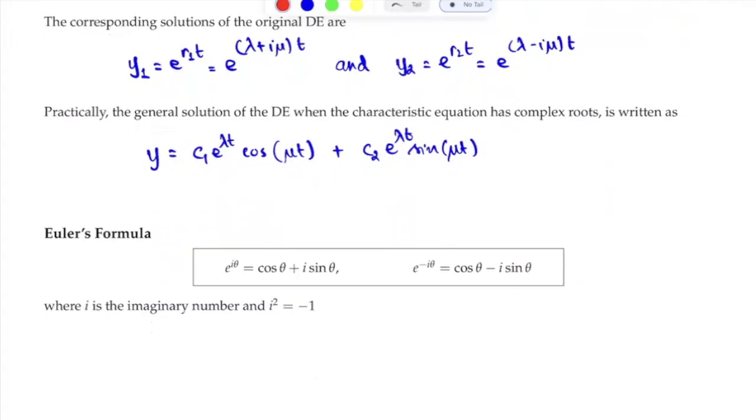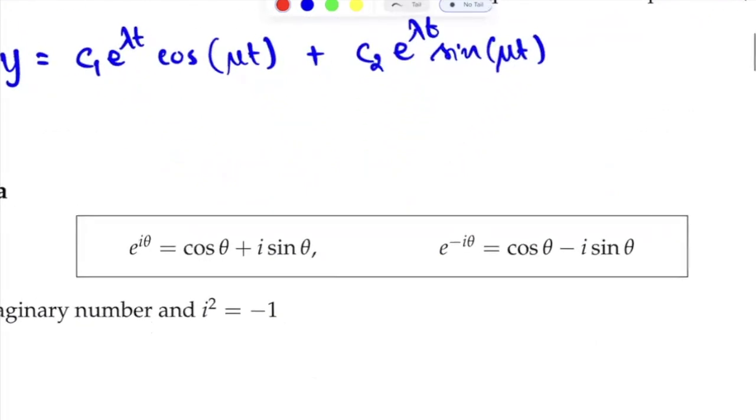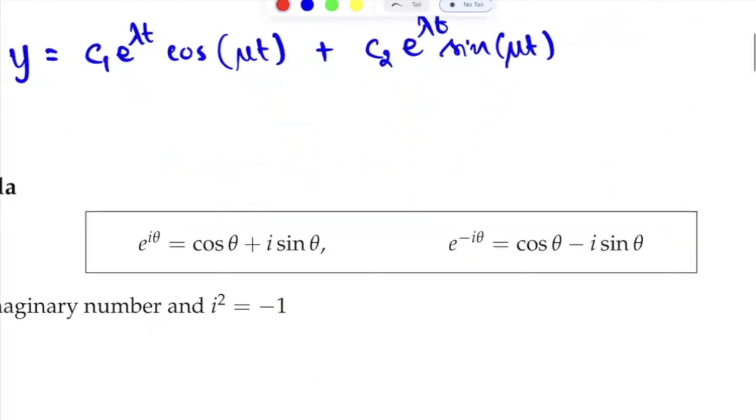So this is a very famous formula. That is e to the i theta equal to cosine theta plus i times sine theta, and you can negate it to get e to the negative i theta. Right? So the difference between these two is just the plus or minus sign.